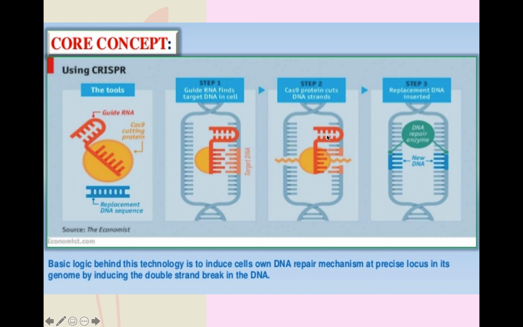Next, the Cas protein will cut the DNA strand at its supposed site, and later on it will be replaced with the new DNA. Your guide RNA will complex with your Cas9, and your DNA repair enzyme will be the one that puts in the new DNA sequence and then ligates it. So this is how CRISPR is being used and utilized.